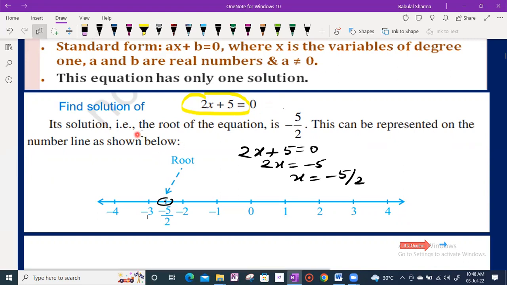So its solution, or we also give it another name, the root of the equation, is minus 5 by 2. This can be represented on the number line, and we have represented minus 5 by 2 on the number line. So a linear equation in one variable has exactly one solution. Here it is very important.